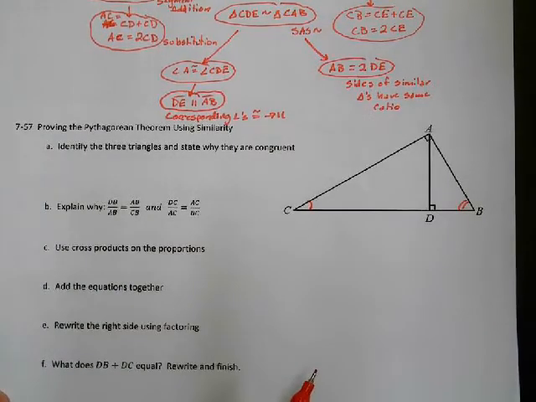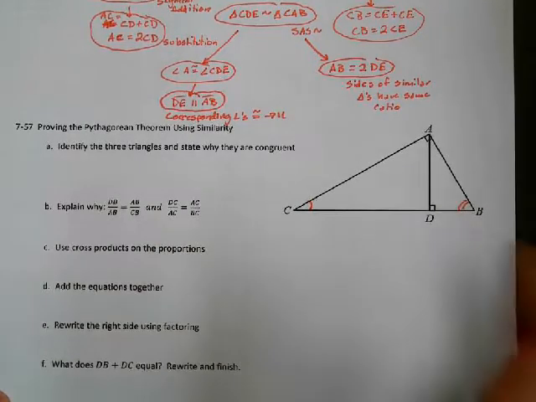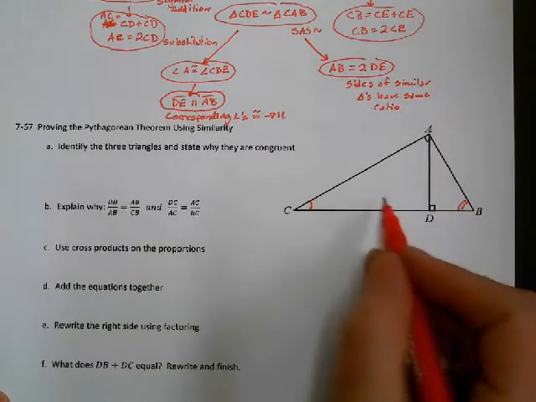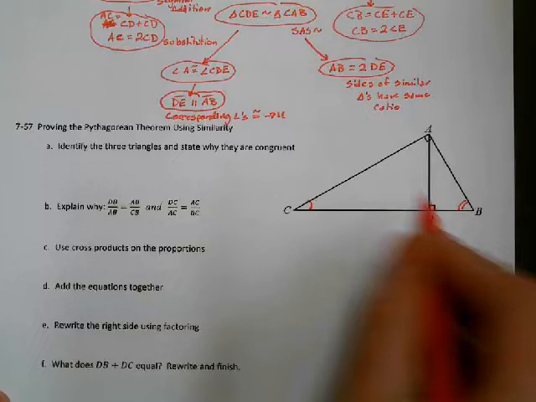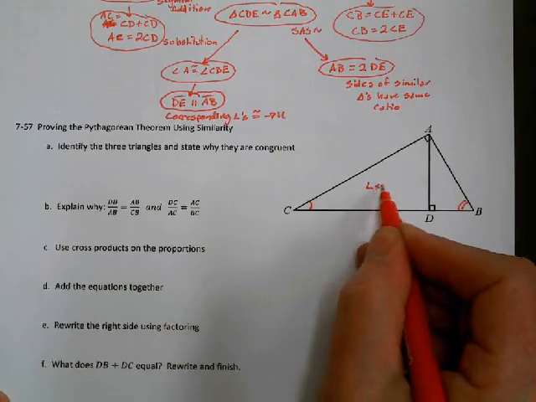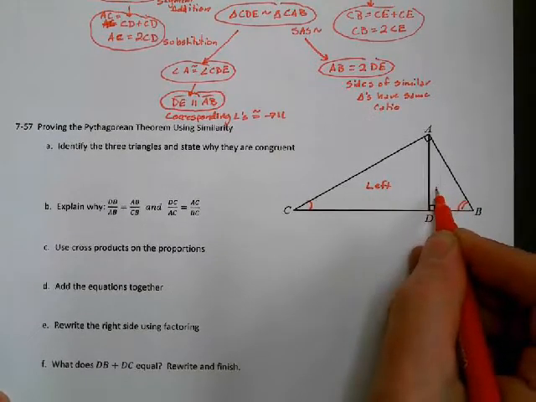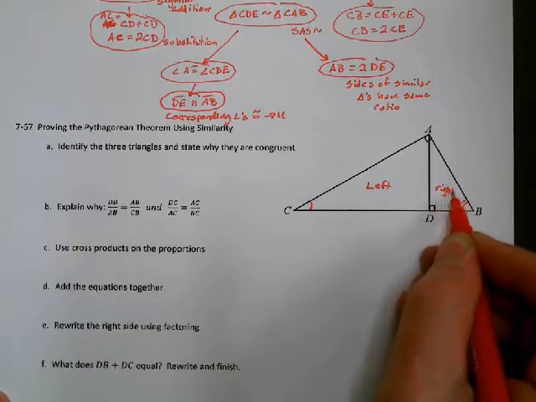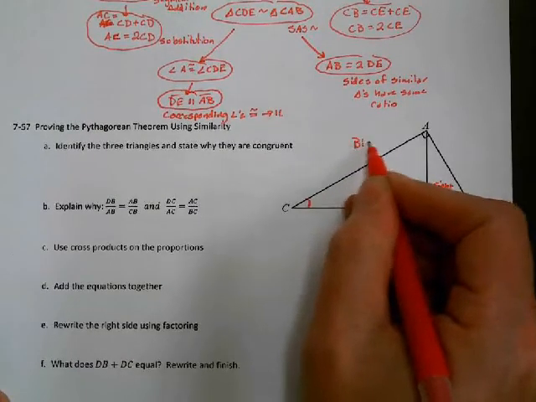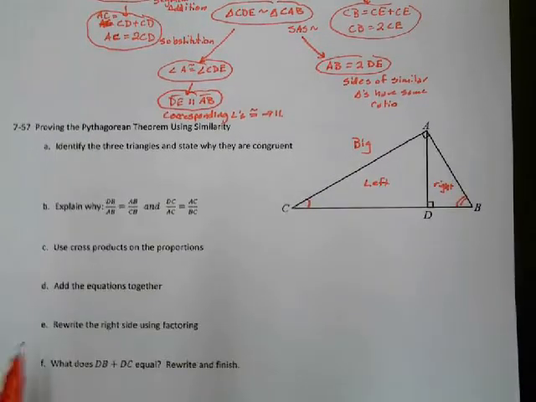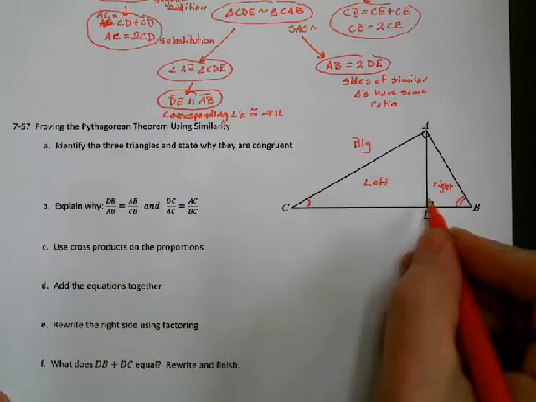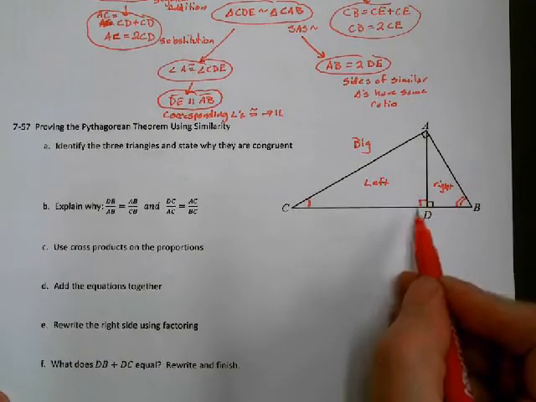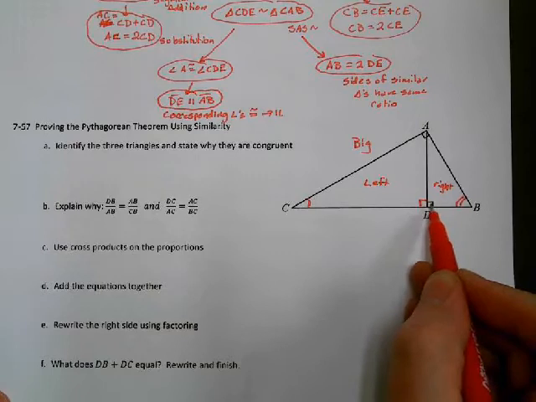Now, looking at this triangle over here on the left, we'll call this the left triangle. We'll call this one the right triangle. And then we'll call the whole thing the big triangle. So the left triangle has a 90-degree angle here because we've got linear pairs, and both of these have to be 90.